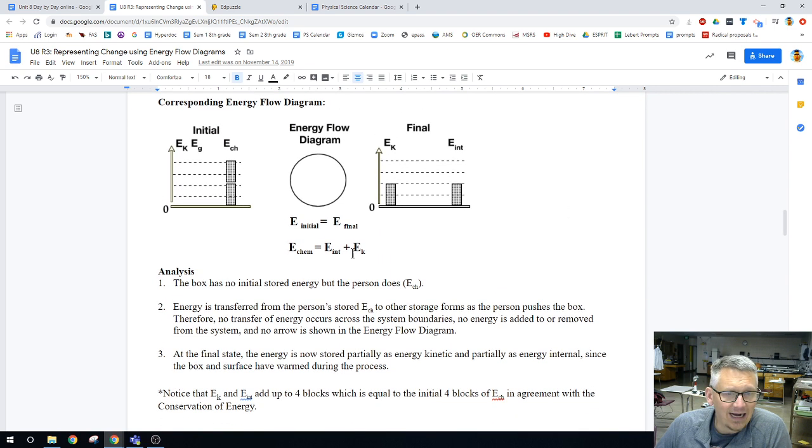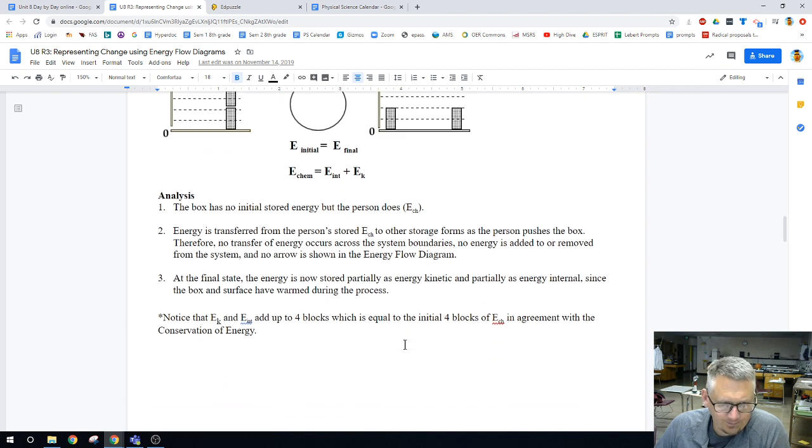Analysis: the box has no initial stored energy, but the person does, E chemical. Energy is transferred from the person's stored E chemical to other storage forms as the person pushes the box. Therefore, no transfer of energy occurs across the system boundary. No energy is added to or removed from the system, and no arrow is shown in the energy flow diagram.